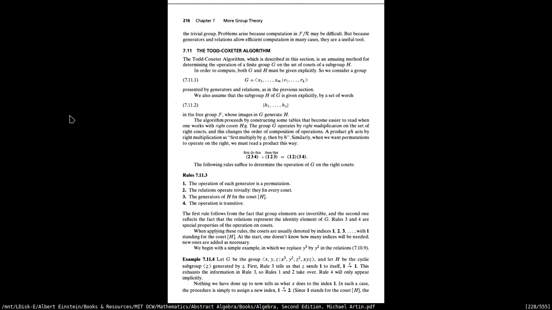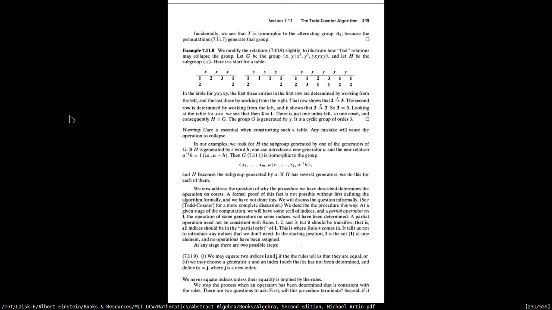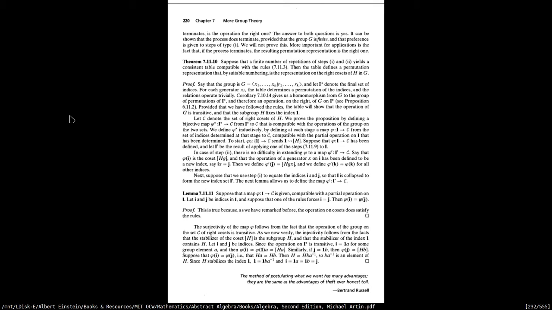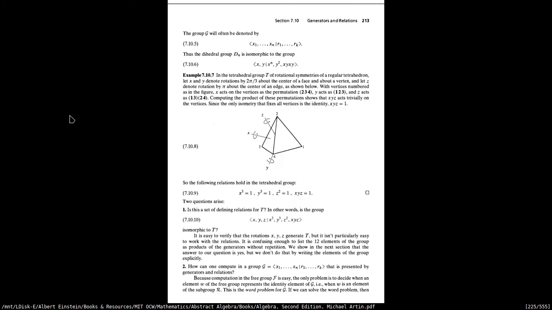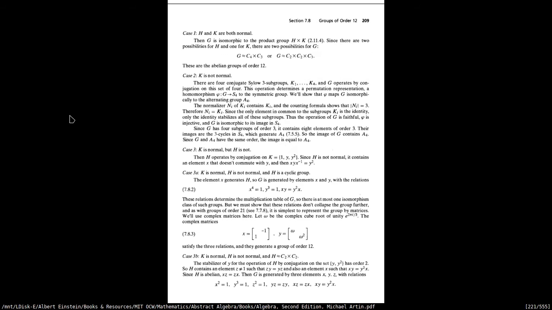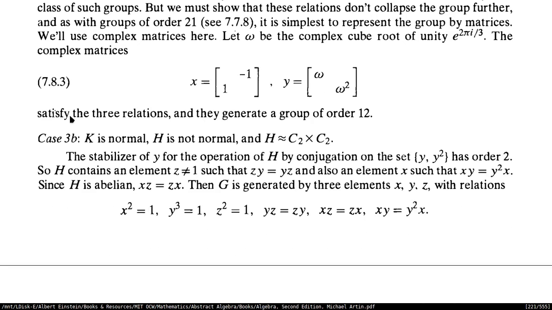So maybe in the new edition, if you can show that this is isomorphic to a matrix group, or to a subgroup of a matrix group, then you're done. You say, well, look, here's the group, other than just saying there is an abstract group which satisfies this.